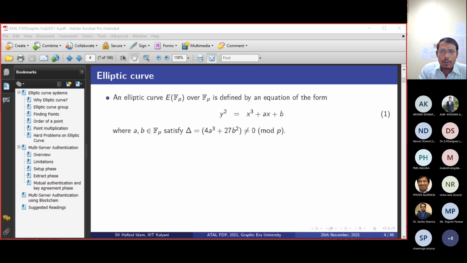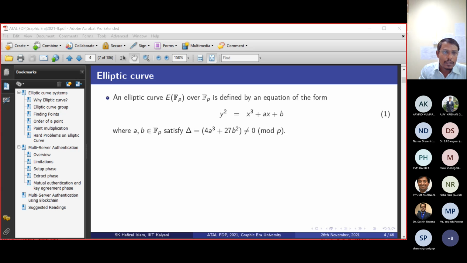Here a, b are members of F p, so that is why we define the elliptic curve E over the scalar field F p. Because for different values of a and b, we can define different elliptic curves, or a class of elliptic curves. So this is the set of points that satisfy this equation.